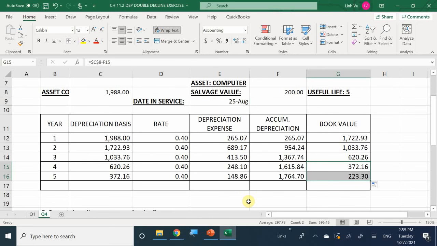So here is where I'm going to tell you, okay? Can you keep depreciating it? Yes, you can. You still got $23 worth left. In this case, how old is my asset? Useful life, 5 years.